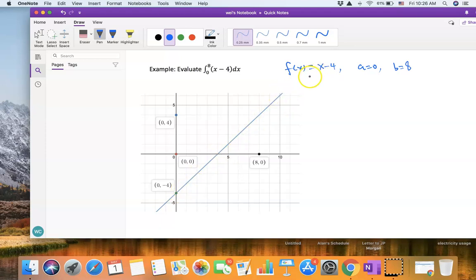Okay, and this time the region bounded by the graph and the x-axis. Let me draw that. So this is our x-axis, and x equals 0 is this, and x equals 8 is this.